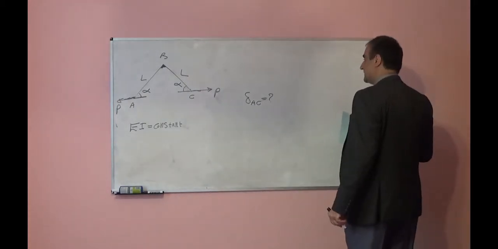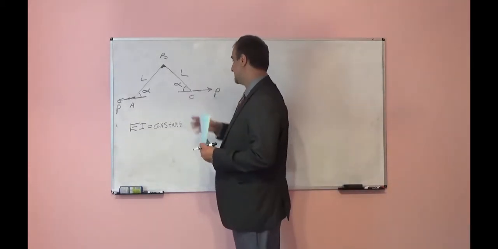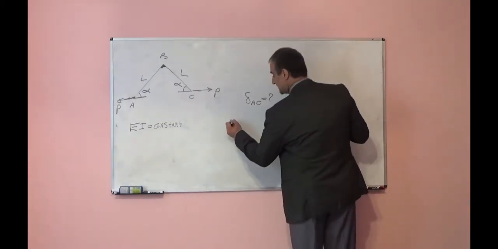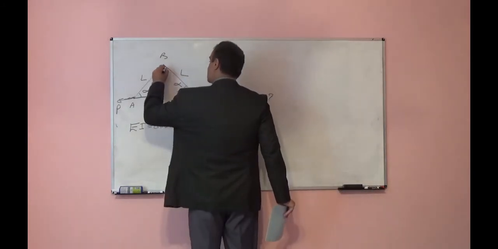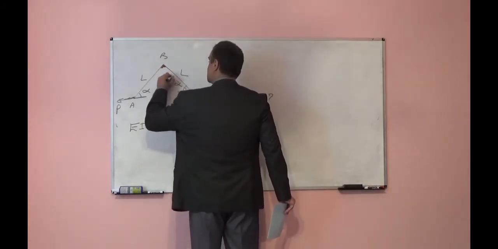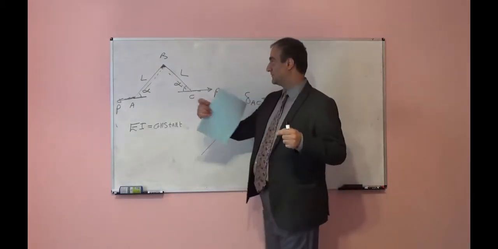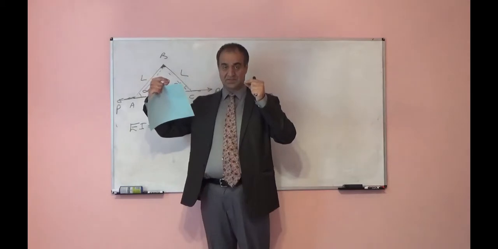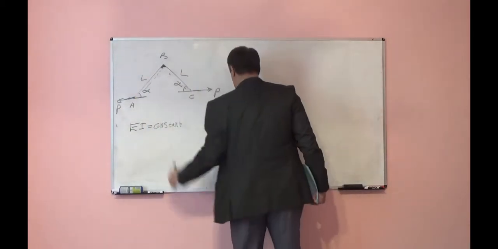So again what I will do, first I will draw the moment diagram for the real system. If I put a dashed line in the interior of this frame, and if I apply load and load, deformation will cause tension.